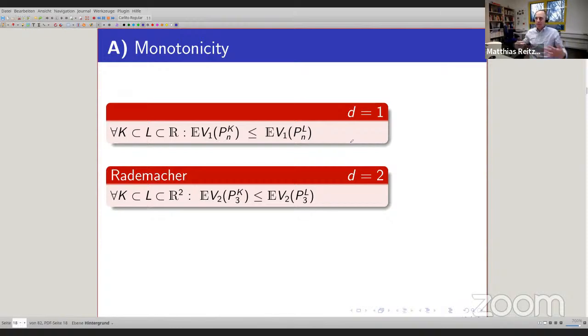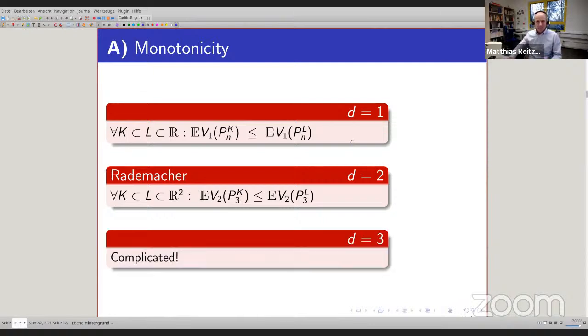So if you increase the set in the one-dimensional case, this means you increase your interval, then the length of the random line segment is increasing. In the two-dimensional case, you have to compute this, and yes, you can compute this, and it's not too difficult, and you can just easily check that the monotonicity property holds. Increasing your set increases also the random polytope.